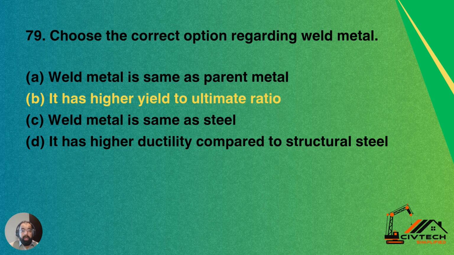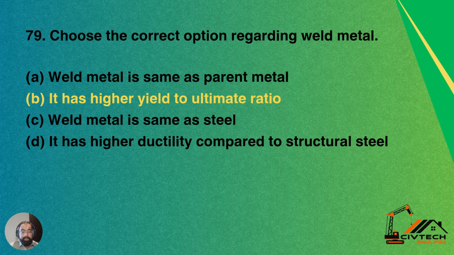Question 79. Choose the correct option regarding weld metal. Option A, weld metal is same as parent metal. Option B, it has higher yield to ultimate ratio. Option C, weld metal is same as steel. Option D, it has higher ductility compared to structural steel.